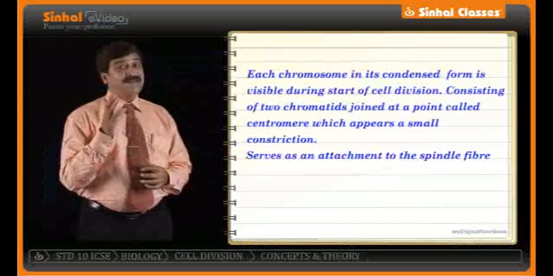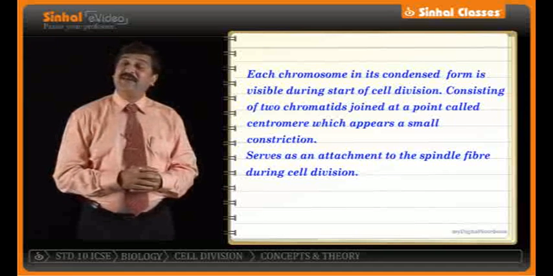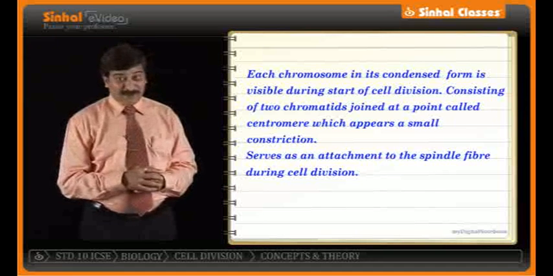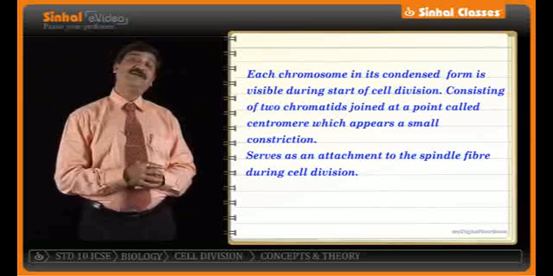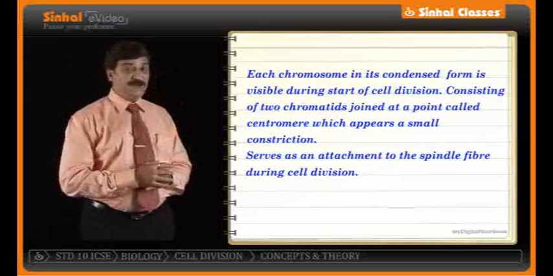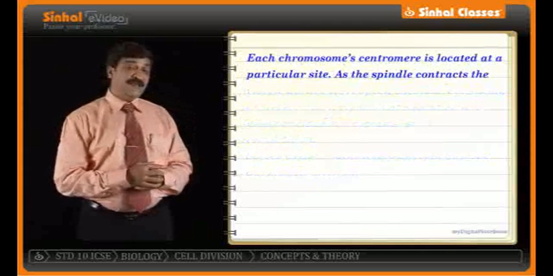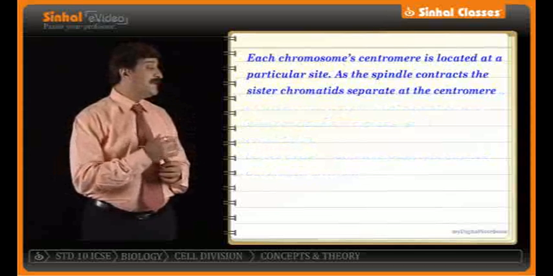The centromere serves as the attachment. Previously, we have already studied that the chromosomes were attached to the spindle fiber with the help of the centromere. Each chromosome's centromere is located at a particular site.